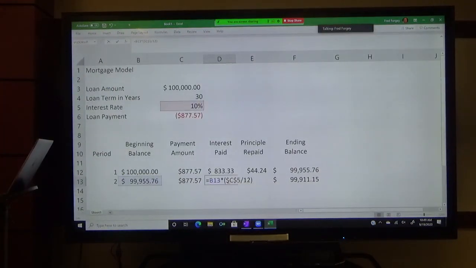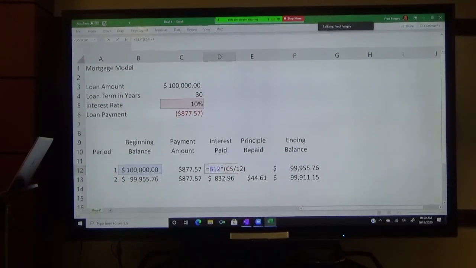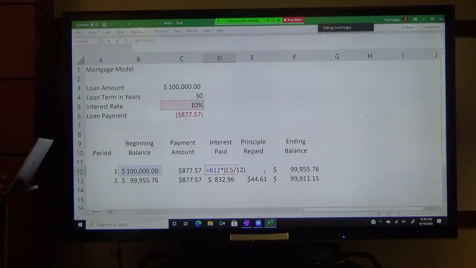All right, so for example, if you simply try to copy down what is in cell D12, which is B12 times C5 divided by 12, B12 is a dynamic cell reference that you want to change as it goes down the spreadsheet. But the C5, you don't want that changing. You want it fixed.